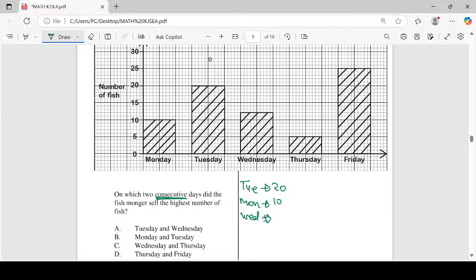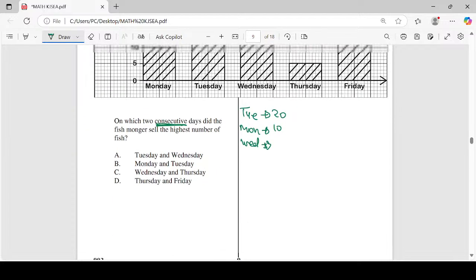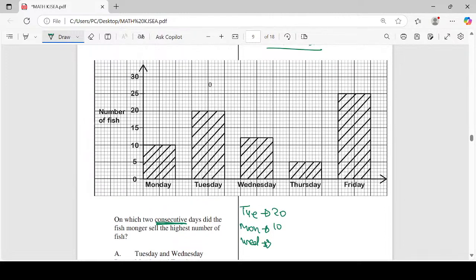Wednesday they had what? You need to know what each scale represents. How do you know the choice of a scale, learners? It is very simple. You can see how many divisions from 0 to 5? 5. So it means 0, 1, 2, 3, 4, 5. So one small square represents 1. So for Wednesday, after 10, you have 2 more squares, so that is 12.